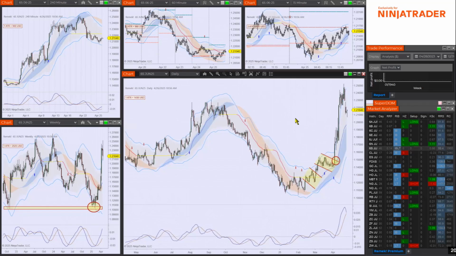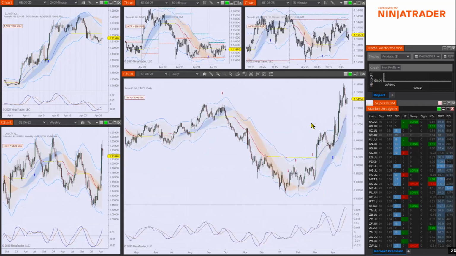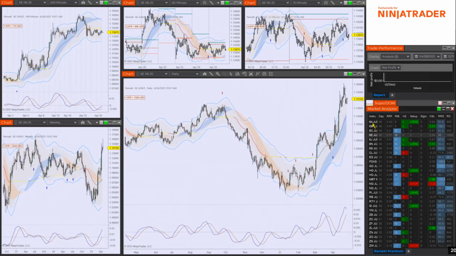I'd like to say one word about the 6E. If you ever decide to specialize in currencies, either get the DX in your data feed, or if you do not have the DX in your data feed, then simply use the 6E as your guide as to what to do on currencies in general.